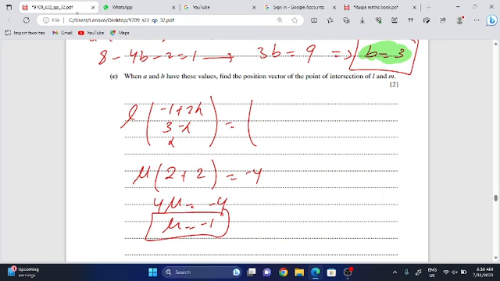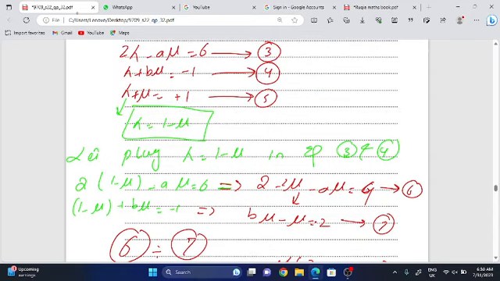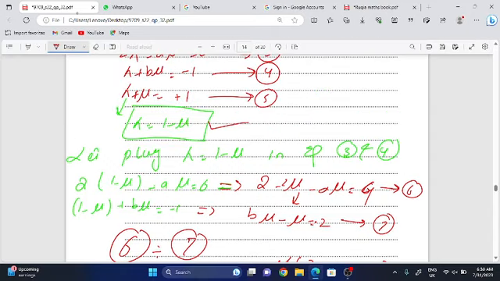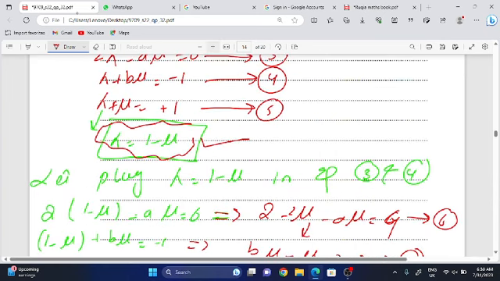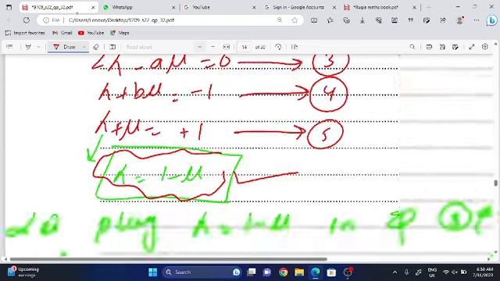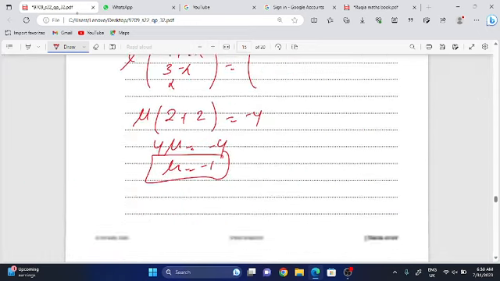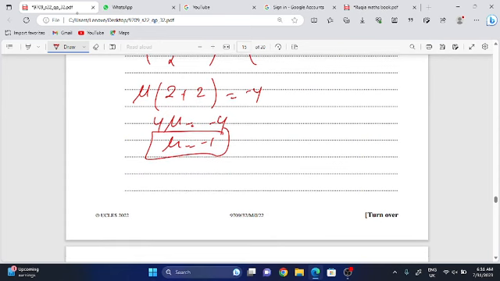This is the value of mu, and you know that lambda is equal to 1 minus mu, under this green marker. So plug back the value of mu over here in order to get the value of lambda. Lambda is equal to 1 minus mu, and lambda should be equal to 2 over here. 1 minus minus 1 would be positive 2.